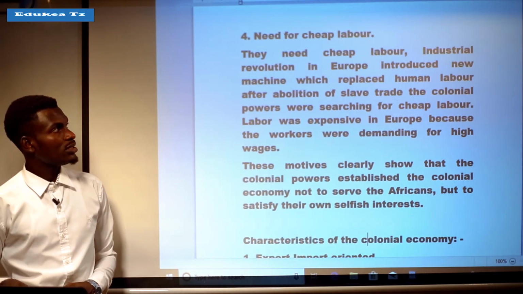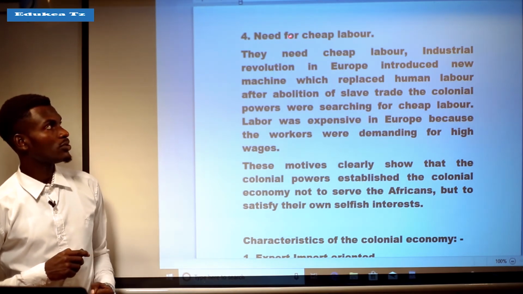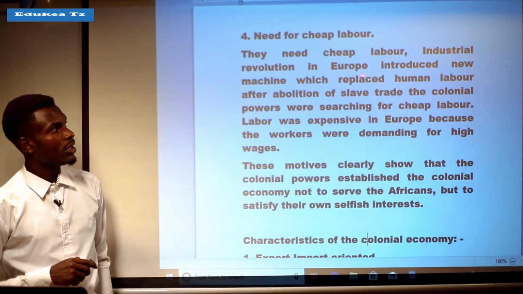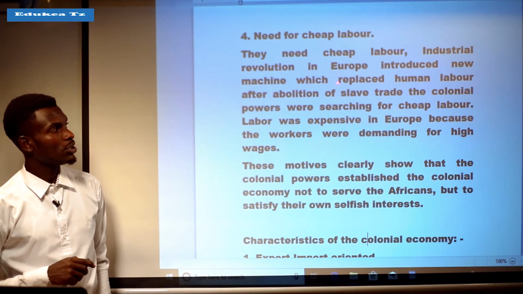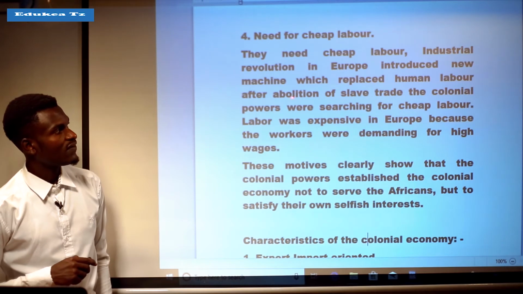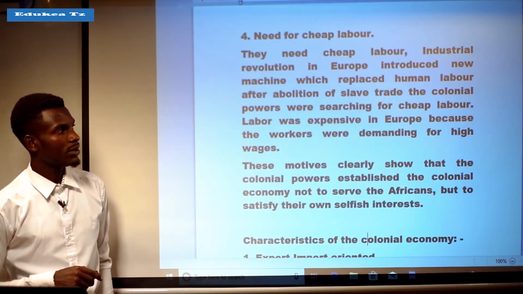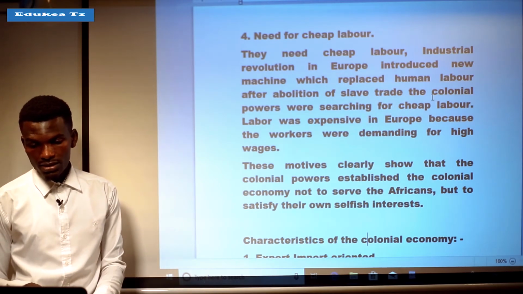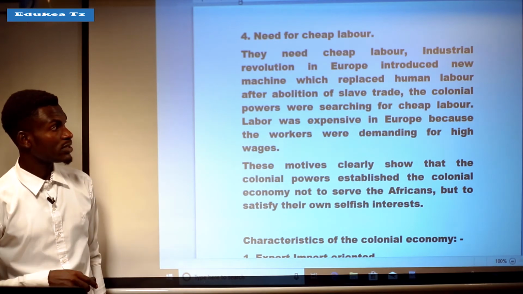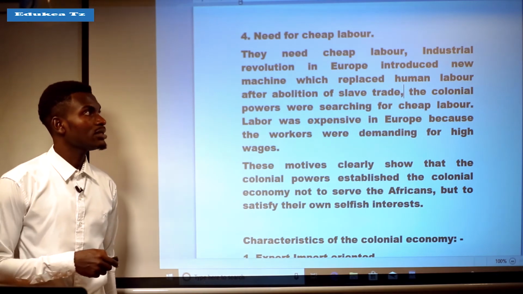Another was the need for cheap labor. It means that they introduced the colonial economy in Africa in order to get cheap labor. The Industrial Revolution in Europe introduced new machines which replaced human labor. After the abolition of the slave trade, the colonial powers were searching for cheap labor. It means that after the abolition of the slave trade, human labor was replaced by machines.